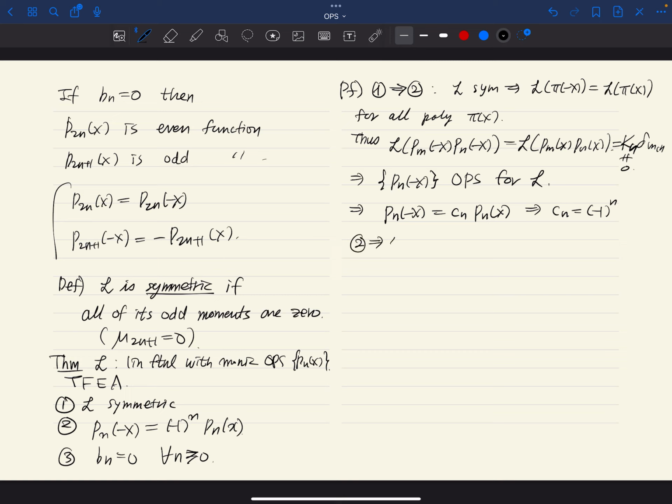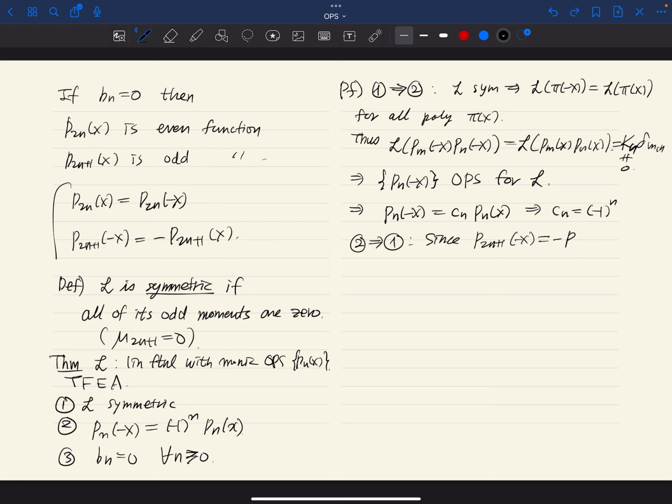And then for 2, we're going to go in this direction. 2 implies 1. This then symmetric. Okay, now let's consider P_{2n+1}.